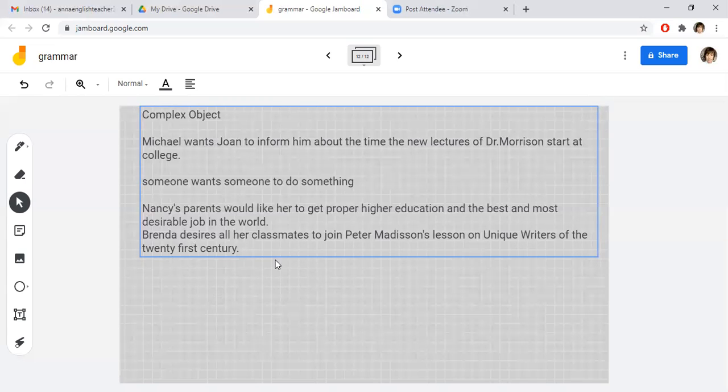So let's consider it all again. Michael wants John to inform him. Nancy's parents would like her to get education and job. Brenda desires all her classmates to join the lessons.